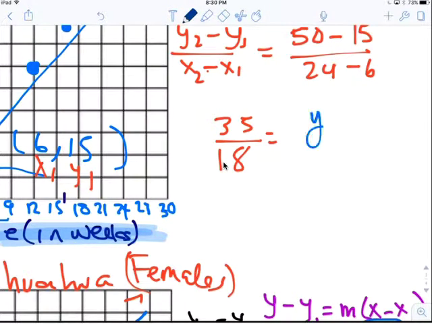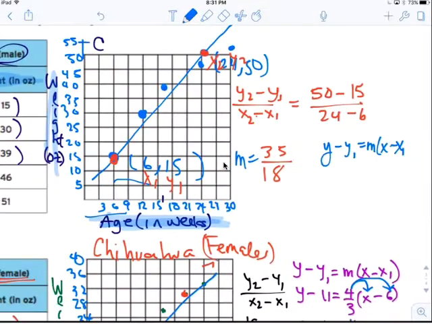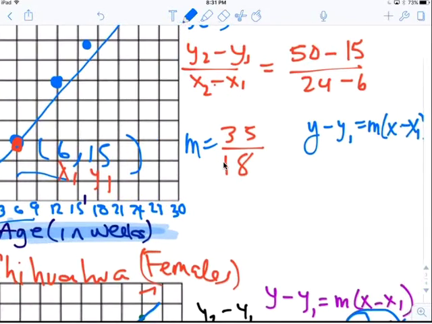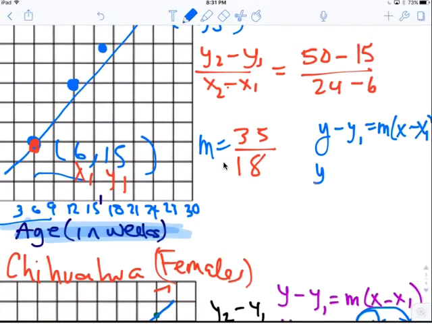You use this formula here. This is your rate of change. Y minus y1 equals m parentheses x minus x1. Y minus y1, which is 15, equals m, which is 35 over 18, x minus x1, which is 6.